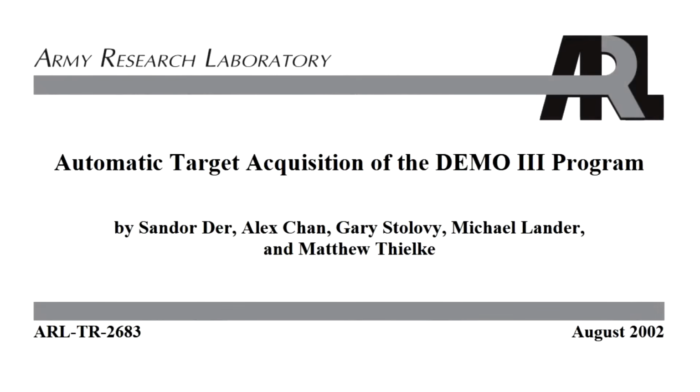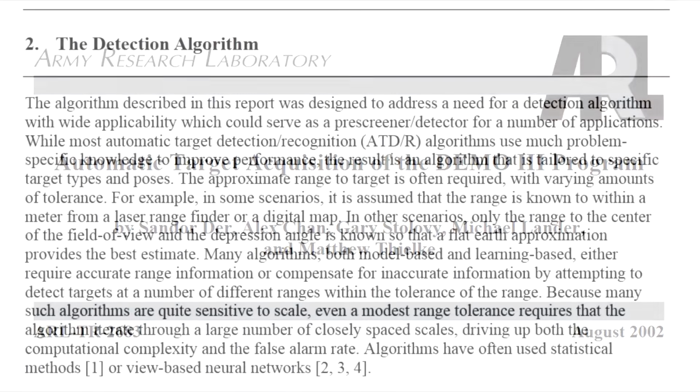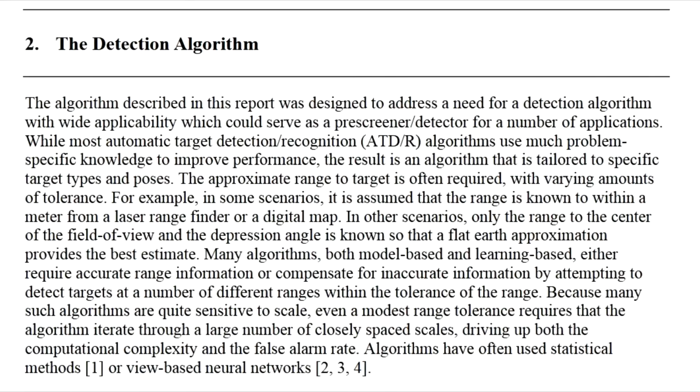25. A U.S. Army Research Laboratory report published in 2002 titled Automatic Target Acquisition for the Demo 3 Program detailed various algorithms and applications for use with unmanned ground vehicles, such as infrared, target acquisition, image sets, and sensors. Page 1 of the report states, "In some scenarios, it is assumed that the range is known to within a meter from a laser rangefinder or a digital map.